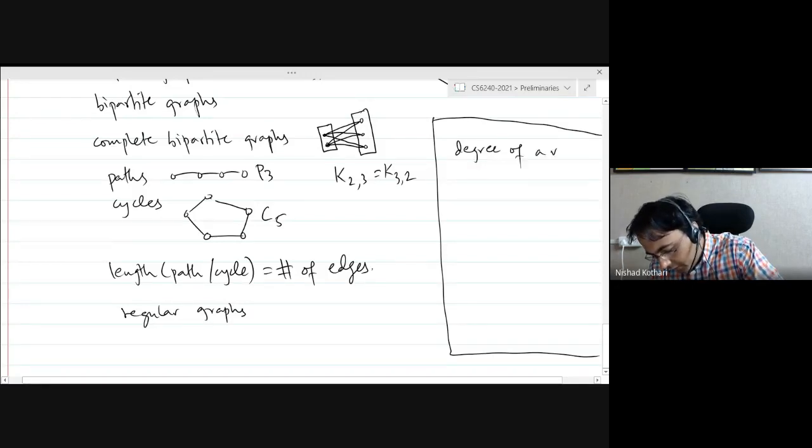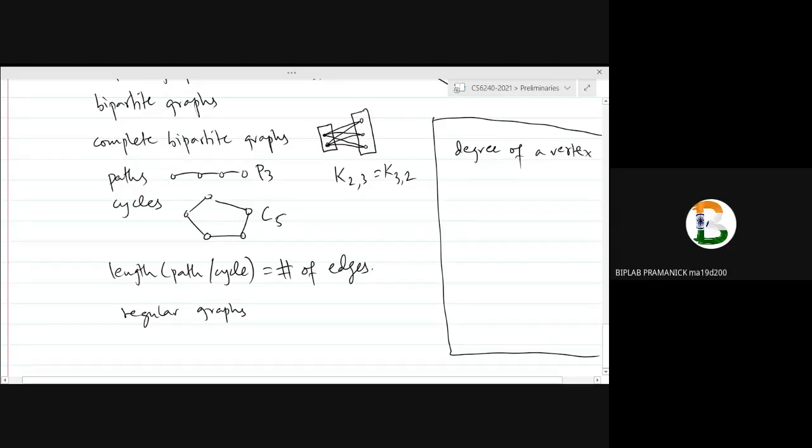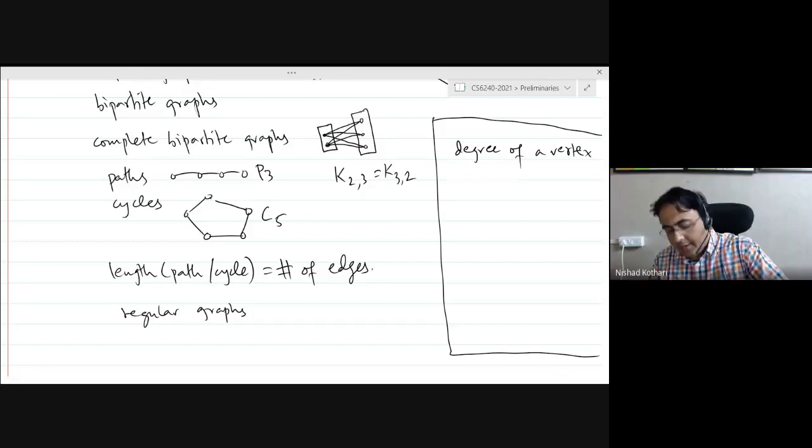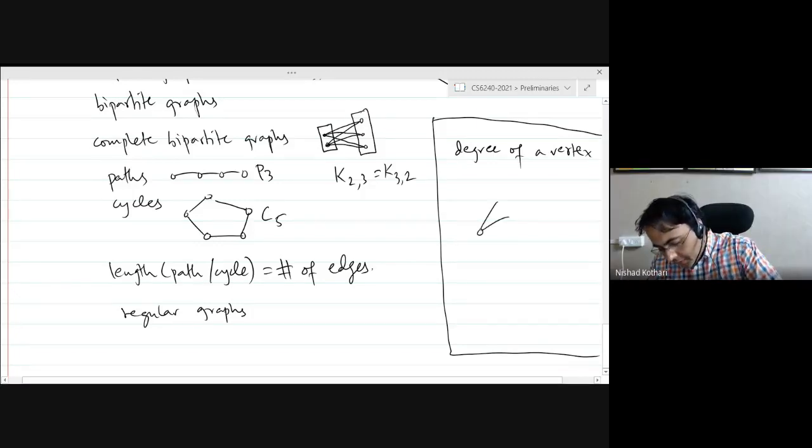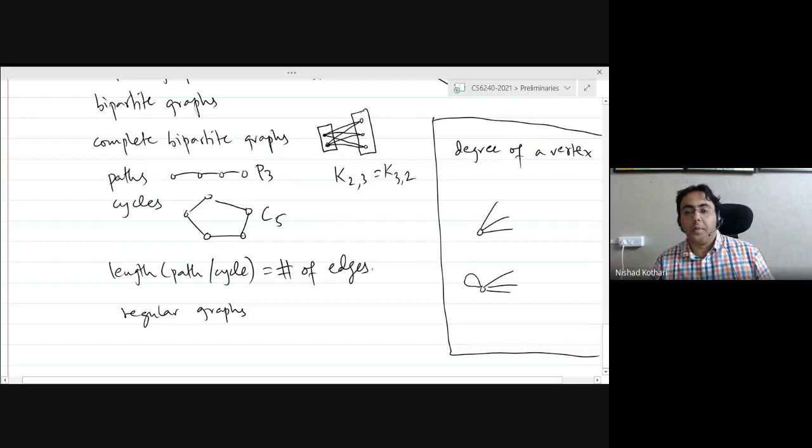Degree of a vertex. Can anybody tell me what the degree of a vertex is? The number of incident edges on the vertex. Exactly. And this is a perfect definition for simple graphs. For multigraphs, we are going to count loops twice. So the degree of this vertex here is 1, 2, 3, and the loop is counted twice, so 5.